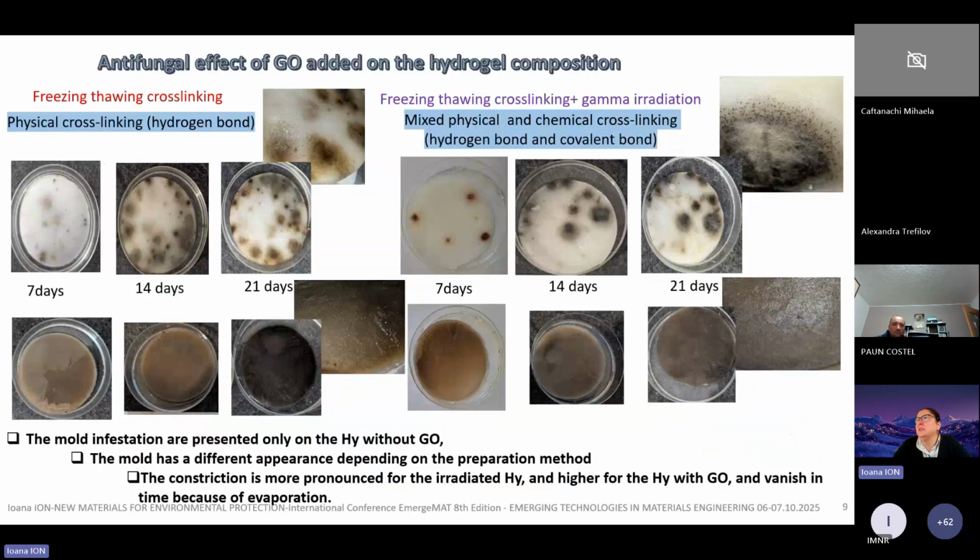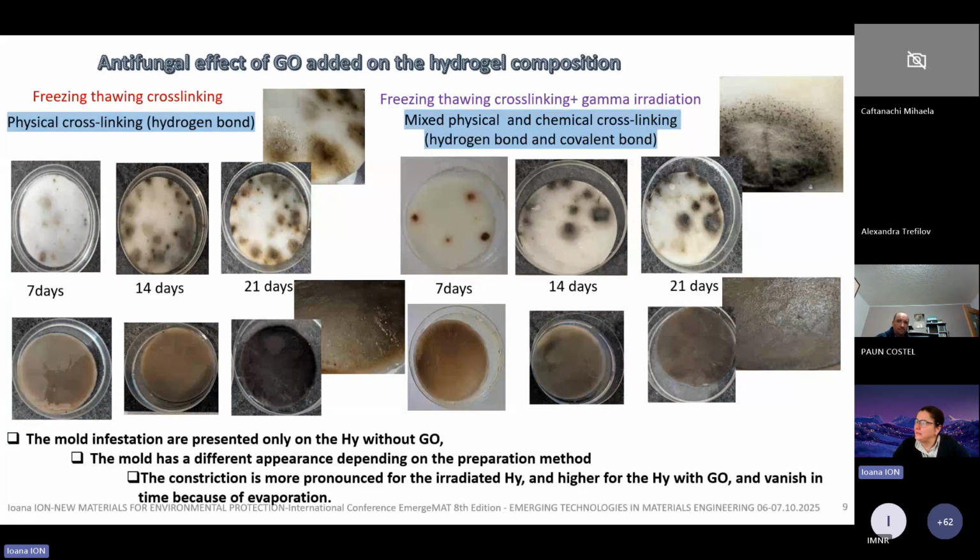Antifungal effect of the graphene oxide added in the hydrogel composition. The hydrogel composition was infested with mold, and presents a mold infestation after 7 days, 14 days, and 21 days.